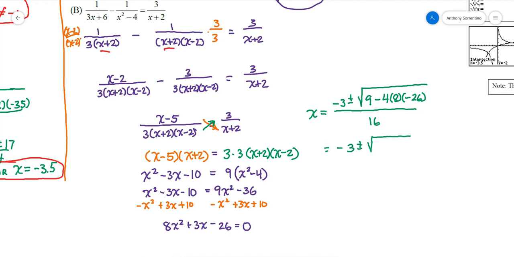So 9 minus 4 times 8 times a negative 26 is 841 over 16. The square root of 841 is 29.